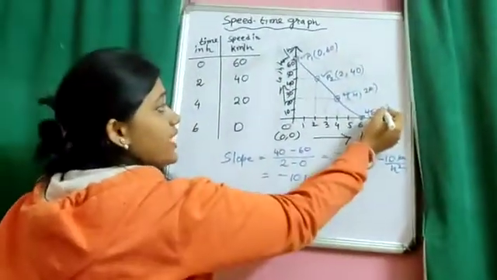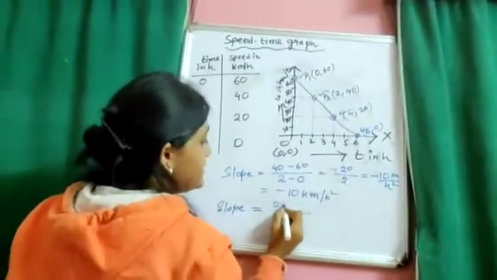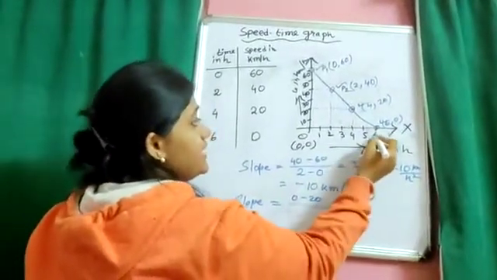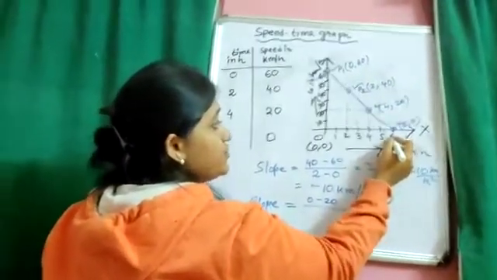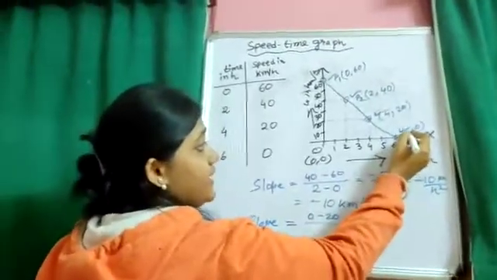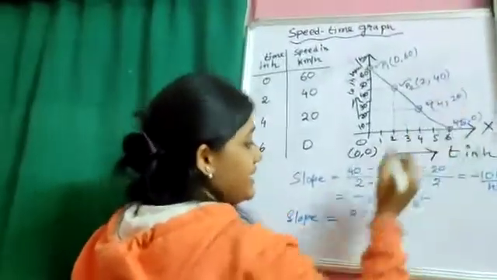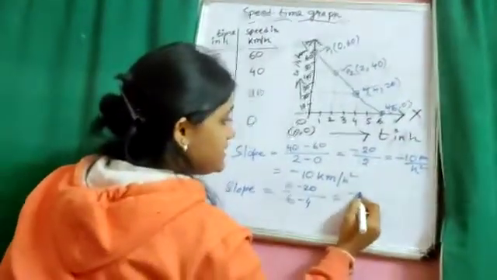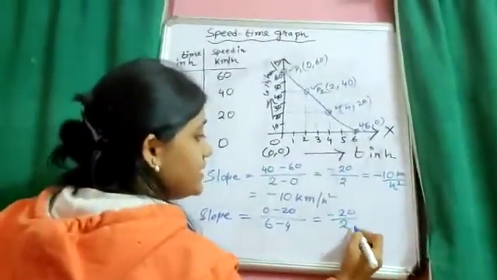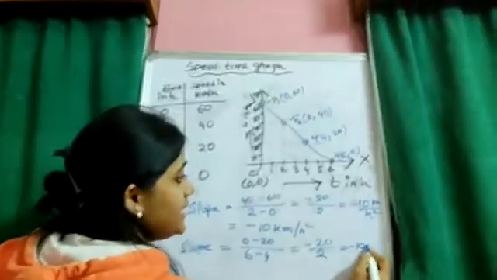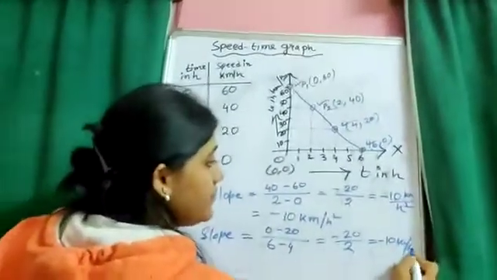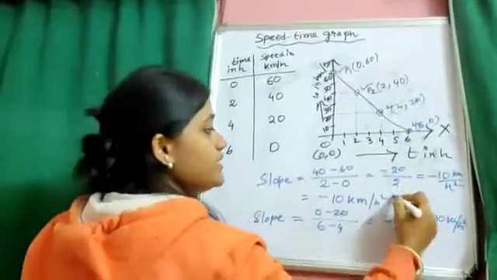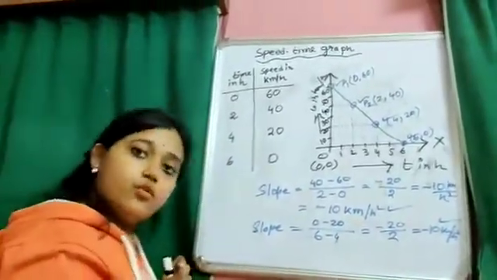So y2 minus y1, that is 0 minus 20, divided by x2 minus x1, that is 6 minus 4. Again I am getting minus 20 divided by 2, which is minus 10 kilometer per hour square. So both are same.